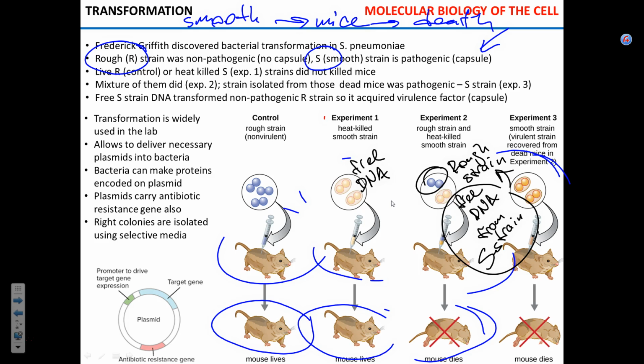And that is widely used in the lab, actually. Not so much with fragments of the chromosome, but more with plasmids. So this is an example of a plasmid. Circular, remember we talked about extrachromosomal DNA and we talked about plasmids.